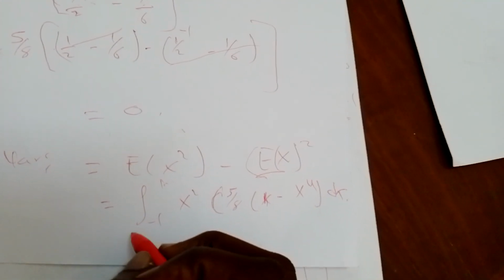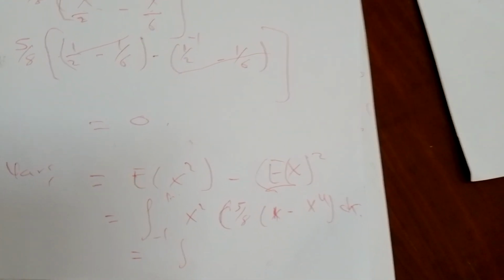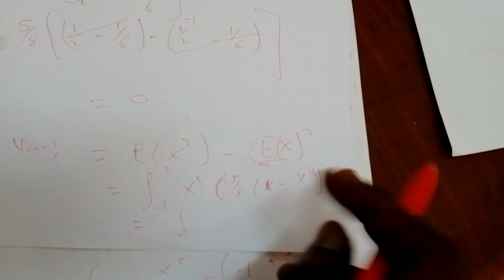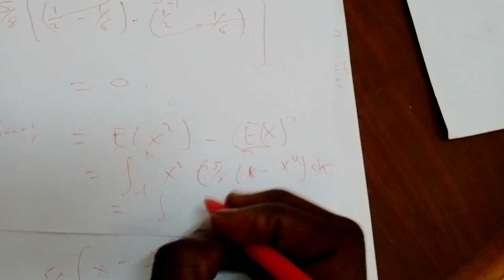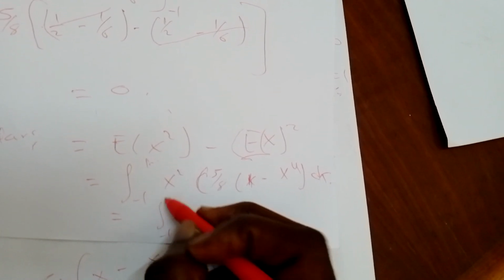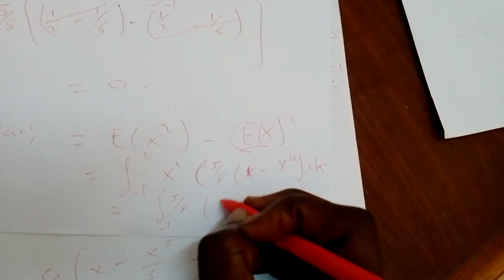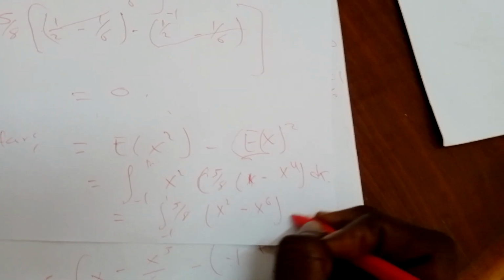Okay, so with this one you can simplify it down. If you simplify this down, you get 5 on 8, integral from minus 1 to 1 of x squared minus x to the 6, dx.